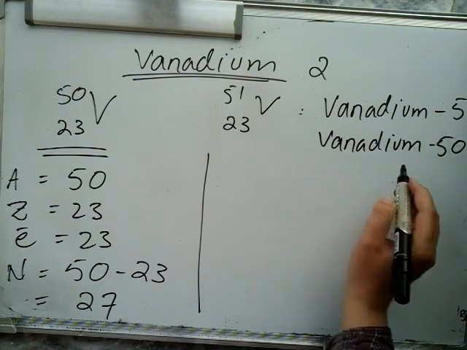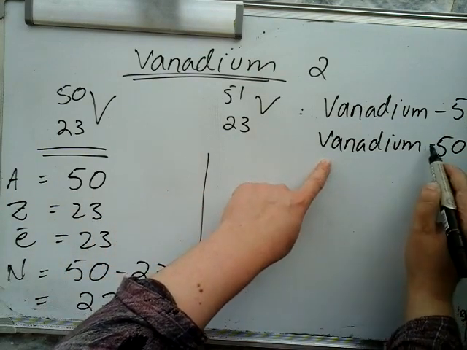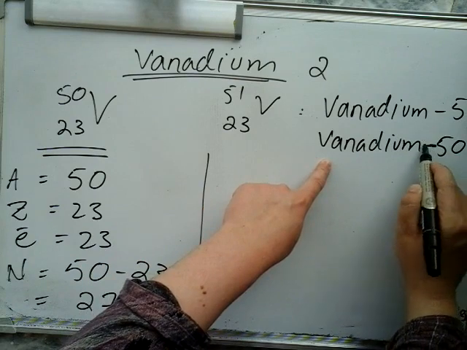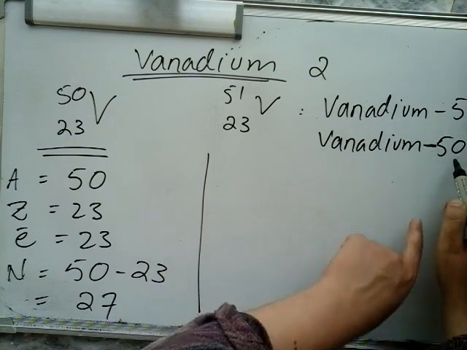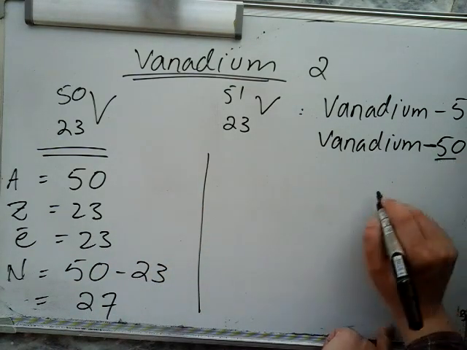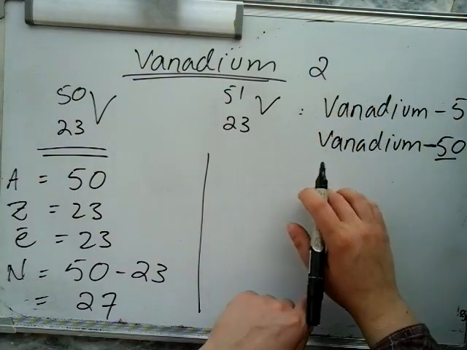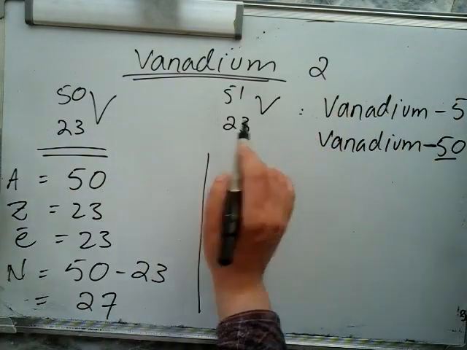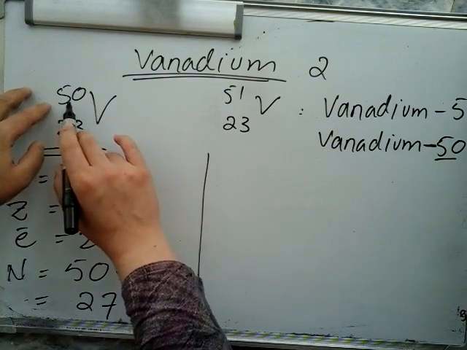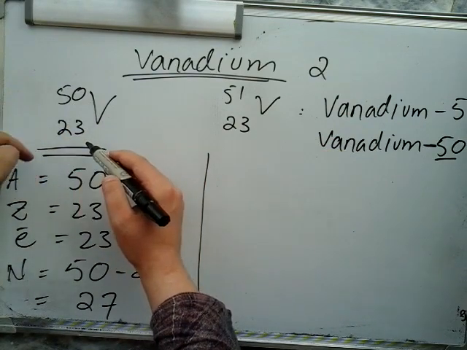We write the full name of the isotope and then a hyphen, and after that we write the mass number of the isotope. Usually we write like this. We also write isotope in this way: mass number on the top left and atomic number on the top right.